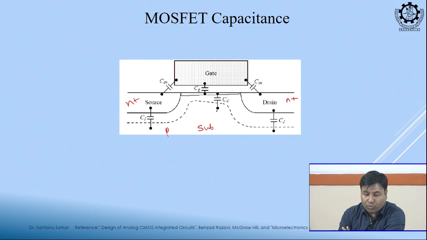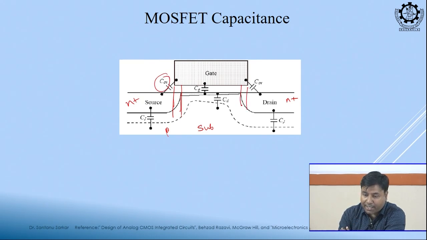Between the gate and the substrate there is this oxide region that will provide some capacitance, that COX capacitance. And in the source and gate region you see a little bit of overlap is there, right. We told that the source region extends a little bit into the channel. So, some overlap capacitance will also be formed.